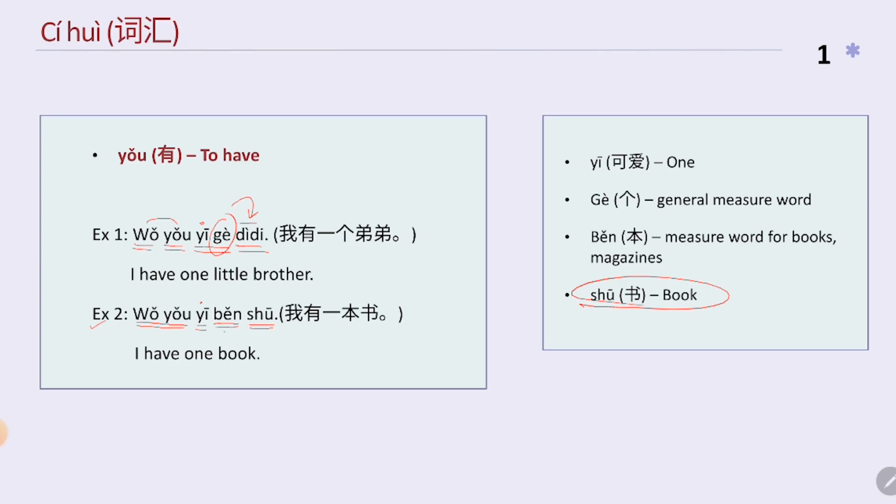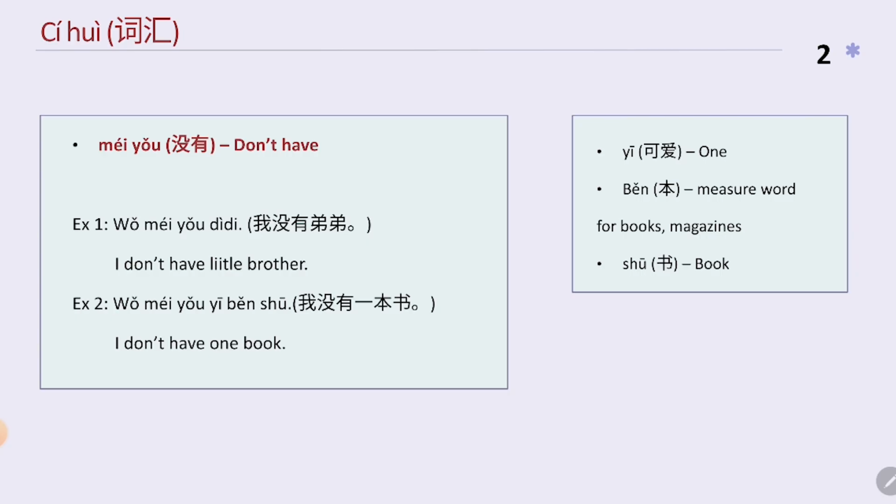Now here 本 is also a measure word, which is used for books and magazines. We cannot say 一个书. So for books and magazines we have to use 一本书. Understood? There are many measure words we will learn later.